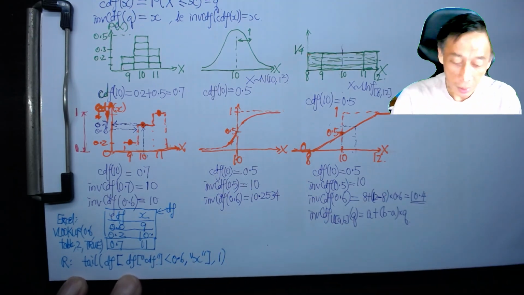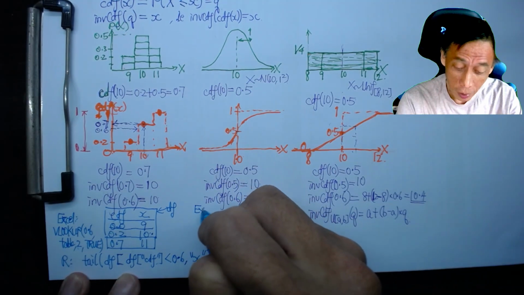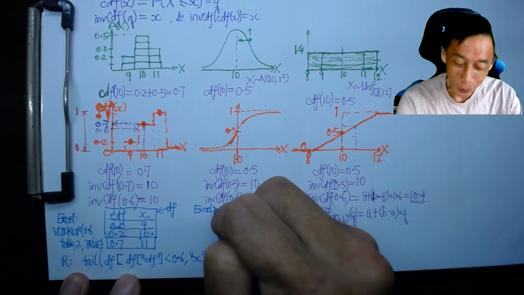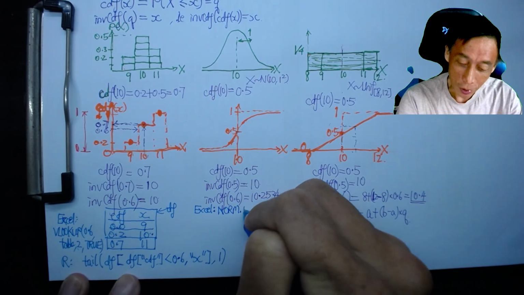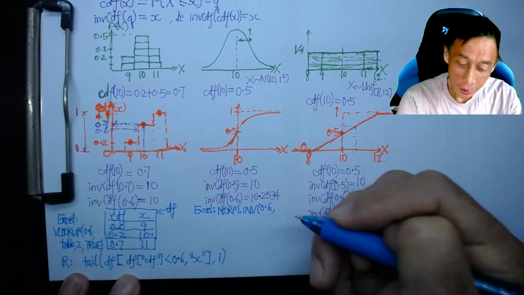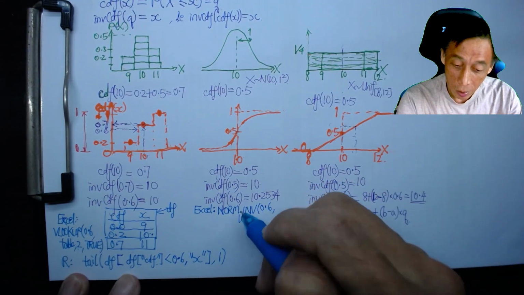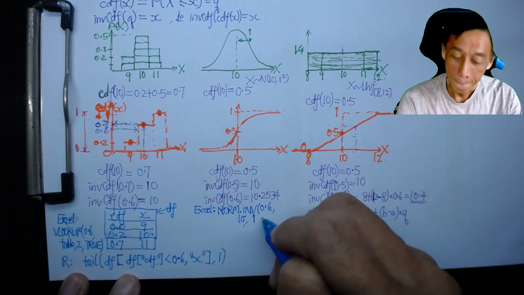Now, similarly, for the normal distribution, in Excel, we need to invoke the native function norm.inverse of 0.6, comma, the mean, which is 10, and standard deviation 1.